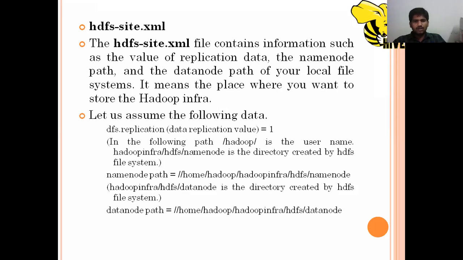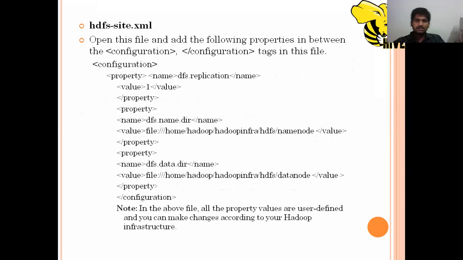The following Hadoop infrastructure directory, the HDFS directory, holds the name node path and data node path. So hdfs-site.xml contains three pieces of information: first replication, second the name node, and third the data node.